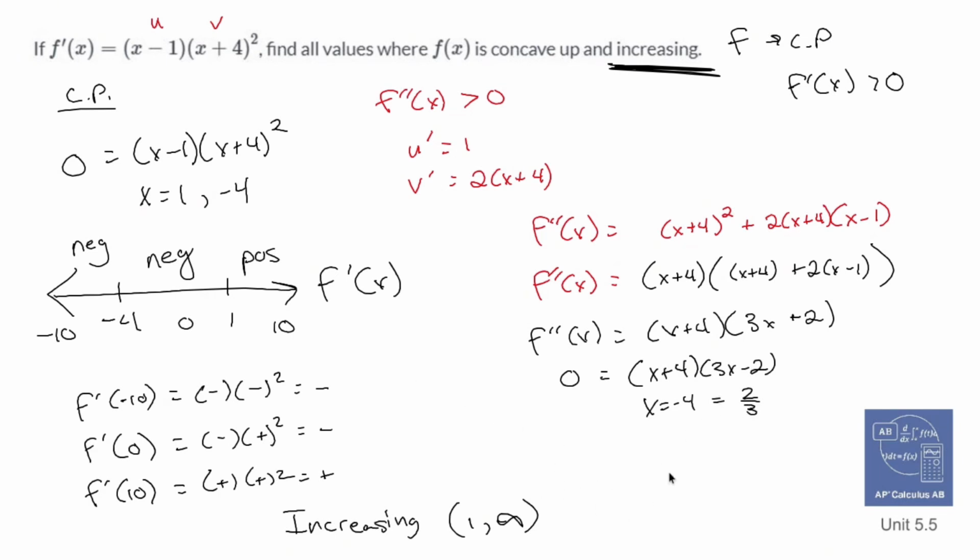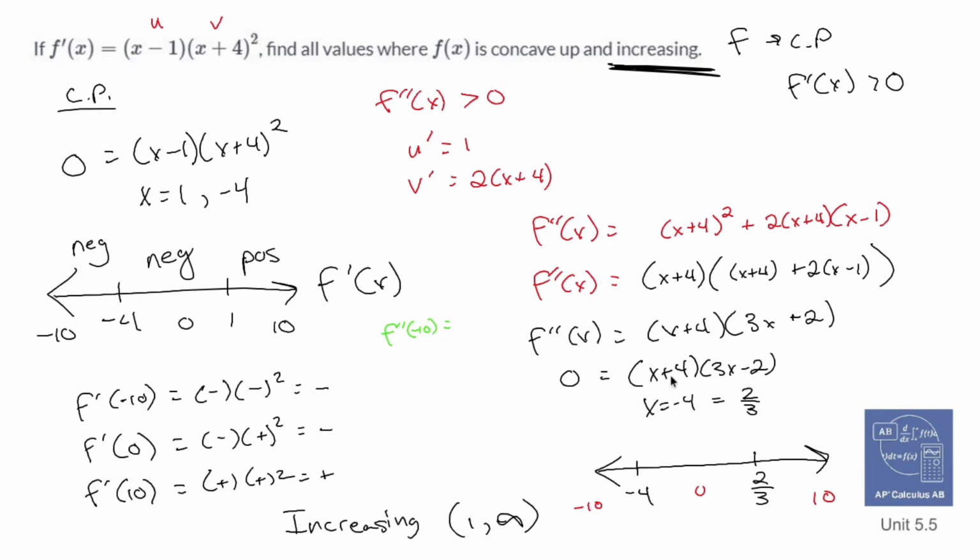Let's make a sign chart involving the numbers negative 4 and 2/3. I can plug in negative 10, plug in 0, and plug in 10. Let's do the same thing we did before and do f double prime of negative 10.